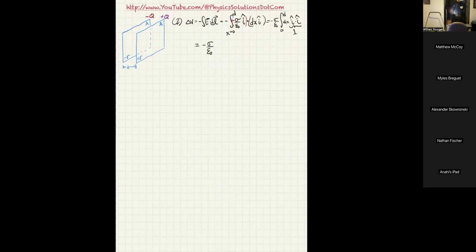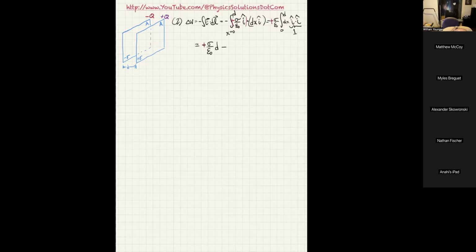Now that negative with this other negative is going to make this into a positive, and that's going to make this into a positive. And then, of course, the integral is sigma over epsilon naught times x, and then x evaluated at d minus x evaluated at 0. So that just gives us positive sigma over epsilon naught times d, and I should write that in red.